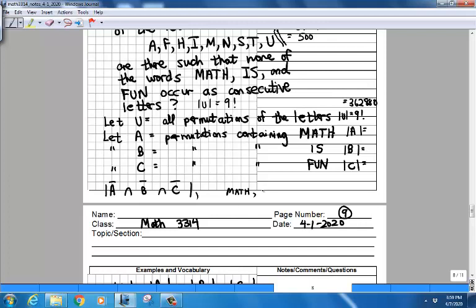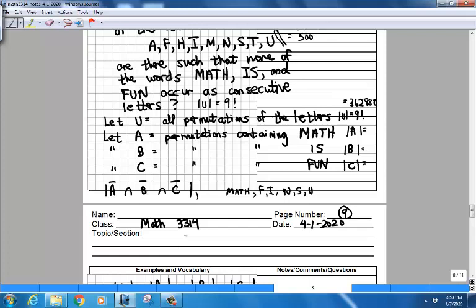All right. So what are the other letters? Well, let's see. There would be F and I, and N and S and U, correct? So when you're computing the size of A, what you're really doing is looking at arrangements of 6 things, right? This whole block of letters math, and then these other 5 individual letters, correct?